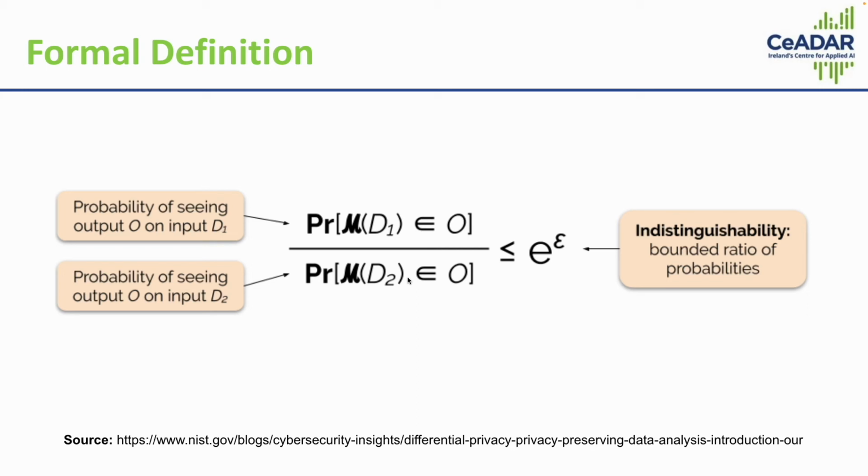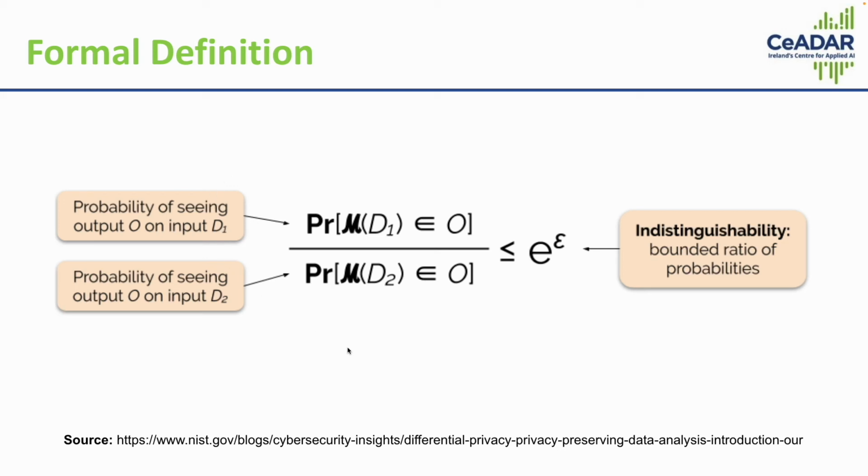The number one advantage is that it is future-proof in some ways. Remember when we discussed de-identification, we discussed something called auxiliary information. That is, if there are new data sets coming in, the subjects in our data set could be de-identified using that auxiliary information. But differential privacy is future-proof that way.